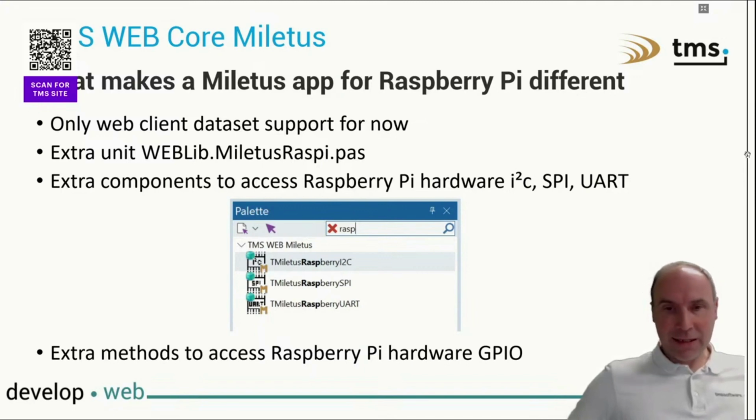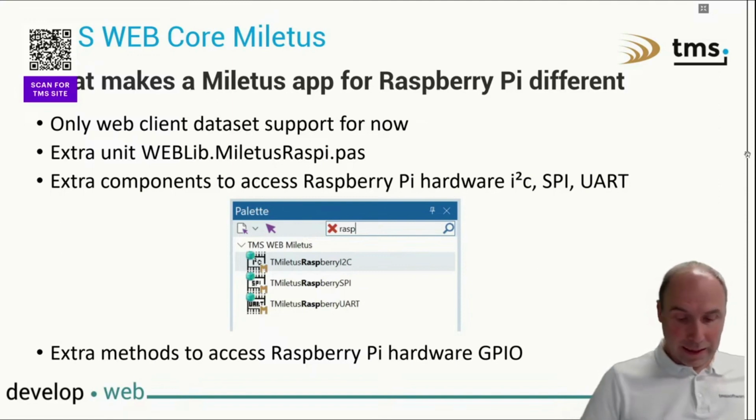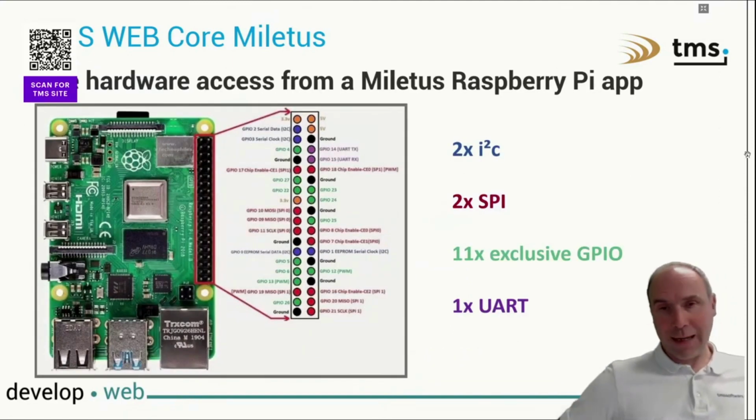And the kinds of hardware that you can connect to it are hardware that interfaces via I2C, SPI, the UART, and also the GPIO. If we have a look at the Raspberry Pi, you can see the different kinds of I/O that are available through the Raspberry Pi 40-pin connector.